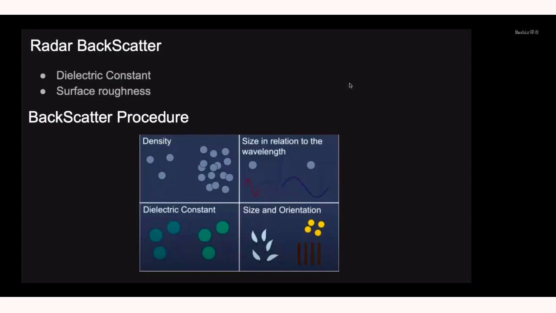Radar backscatter, we have discussed that before in the previous lecture. It's very important in SAR images, and there are two surface parameters that influence backscatter: dielectric constant and surface roughness. The brightness of a feature in a SAR image depends on the portion of the reflected energy that is returned back to the radar sensor.